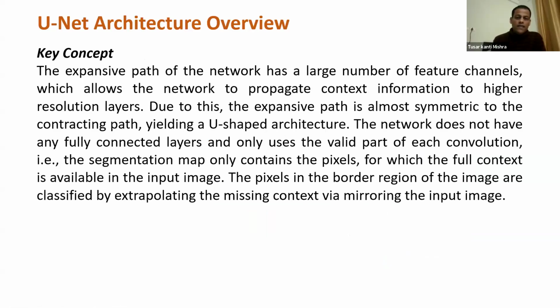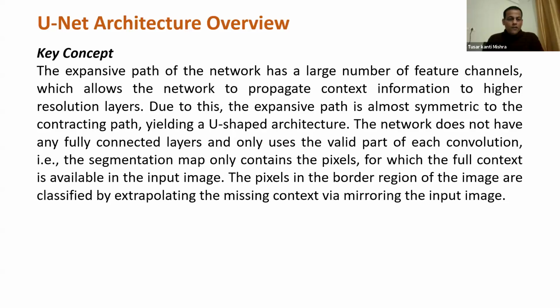So if we summarize the key concept in a UNET, what is happening? I'm just reading out. The expansive path of the network, the decoder, has a large number of feature channels, which allows the network to propagate context information to higher resolution layers.